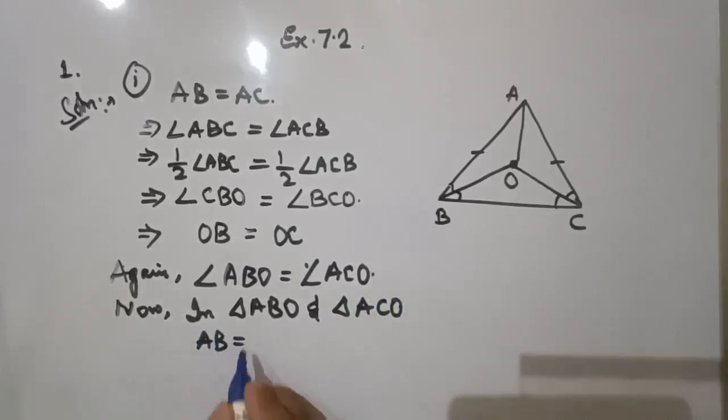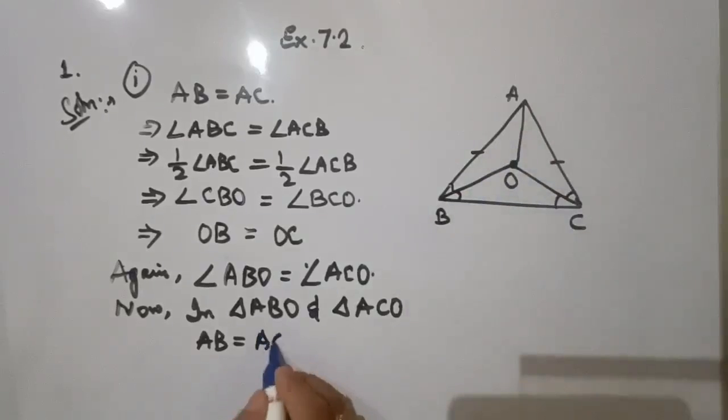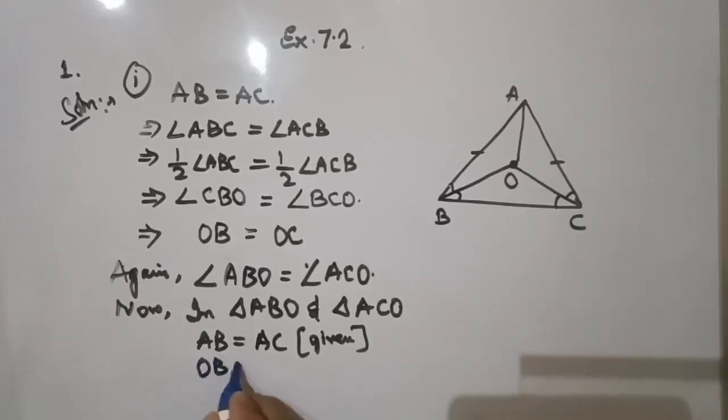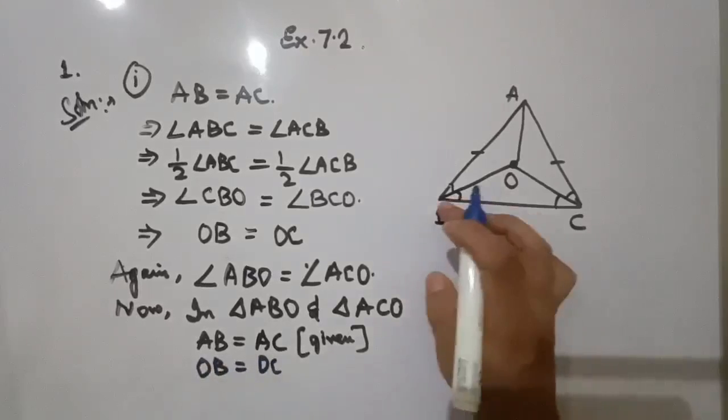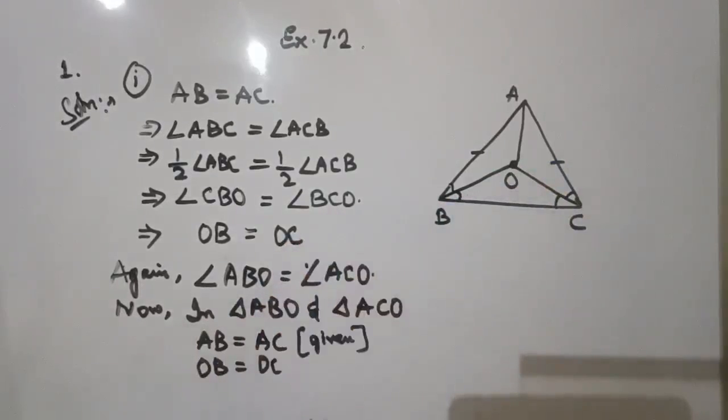AB equal to AC. It is given in the question, given information. And OB equal to OC. We have just now proved that OB equal to OC.